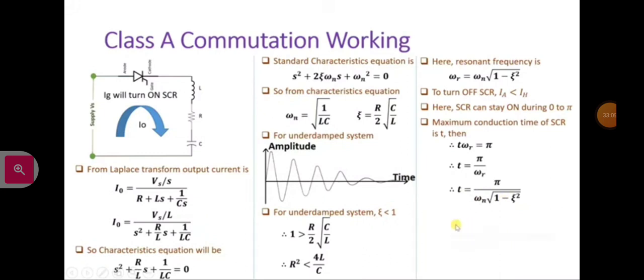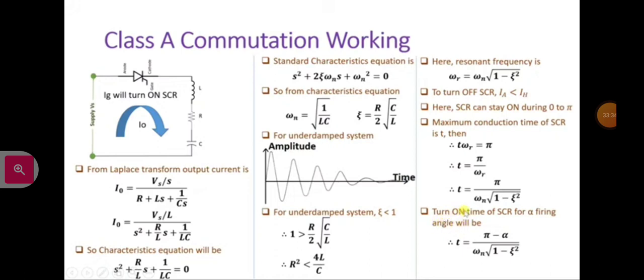But if you provide a firing angle, which is alpha, so if I fire this SCR somewhere over here with angle alpha, then this formula changes to T is equal to pi minus alpha divided by omega n into square root of 1 minus zeta square. So that is how we can identify the turn on time period of the SCR.